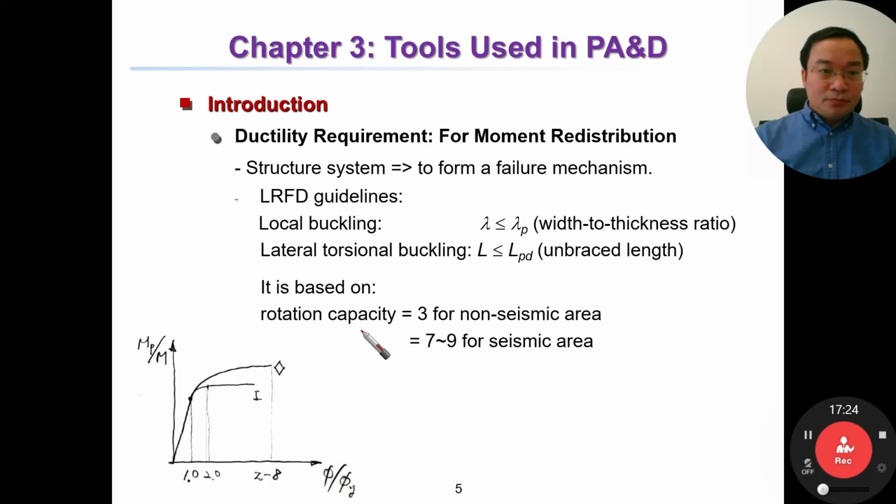They found that the rotation capacity may be equal to 3 or greater: greater than or equal to 3 times the elastic rotation capacity for non-seismic areas, and plastic rotation capacity greater than or equal to 7 to 8 times the elastic rotation capacity for seismic areas.